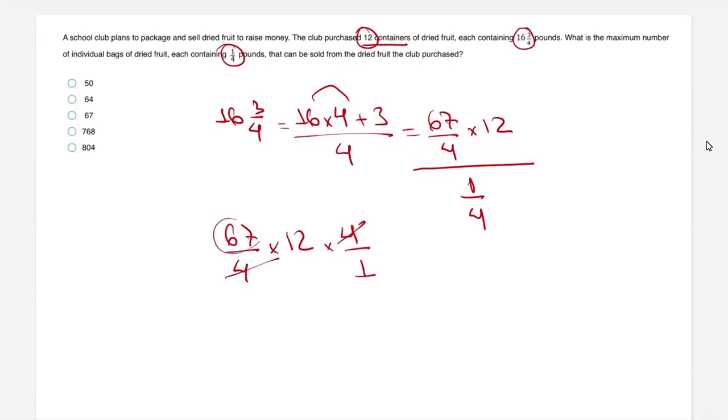Okay, 67 times 12. 7 times 2 is 14. Is this one, right? Because if it was 10, it was 670. Okay, but it puts 134 more, right? Okay, we don't need to do all the calculations.